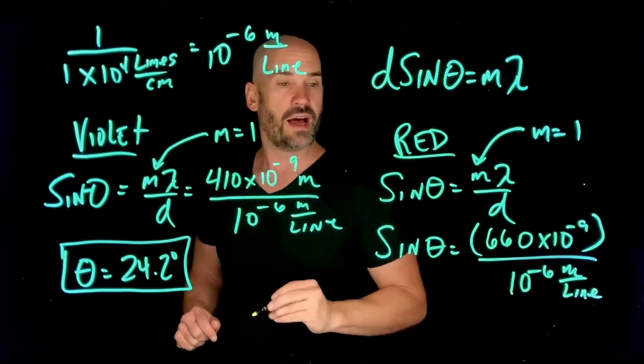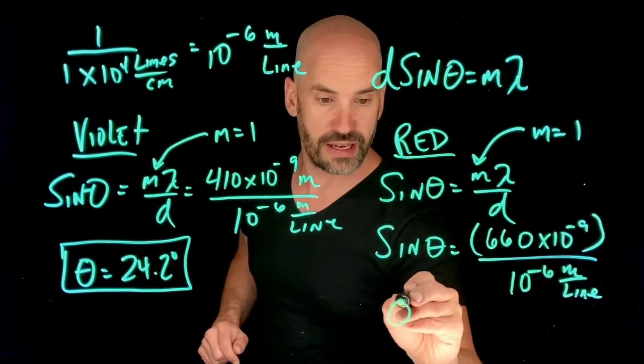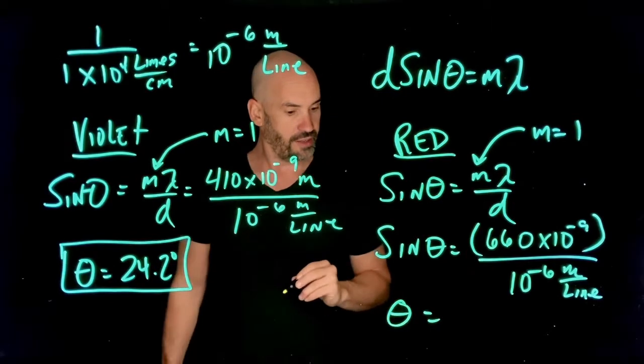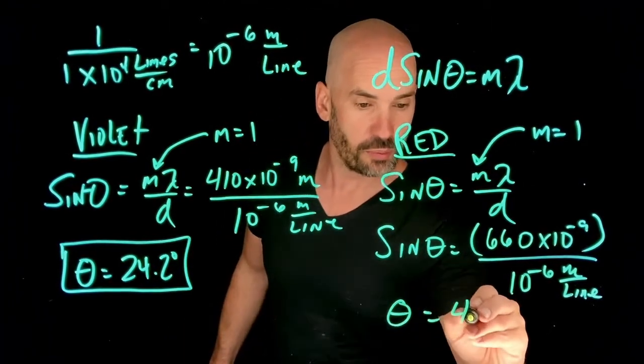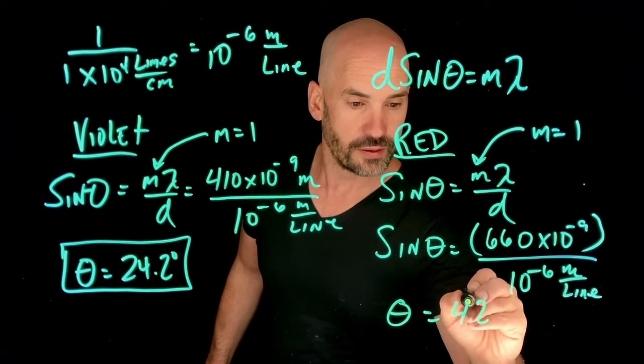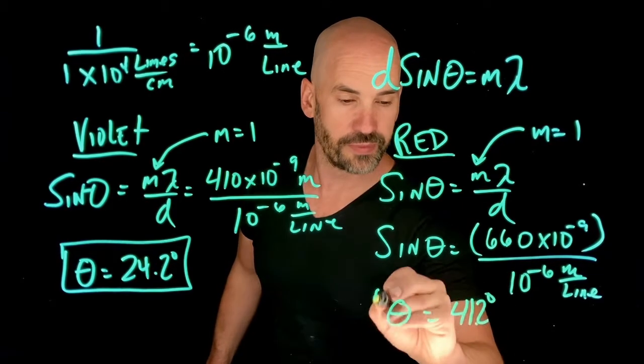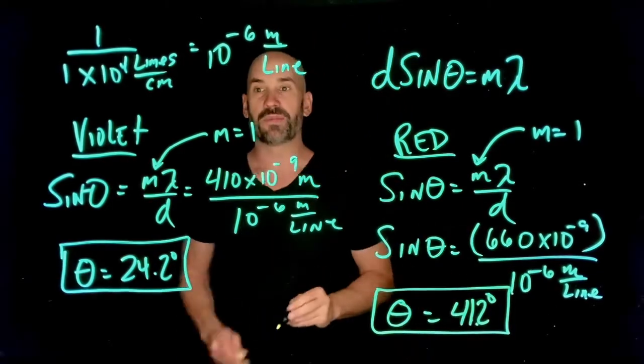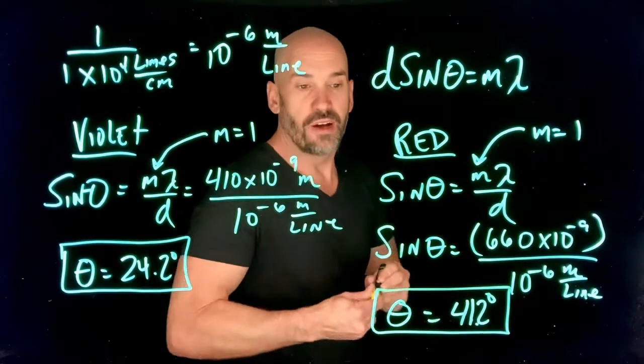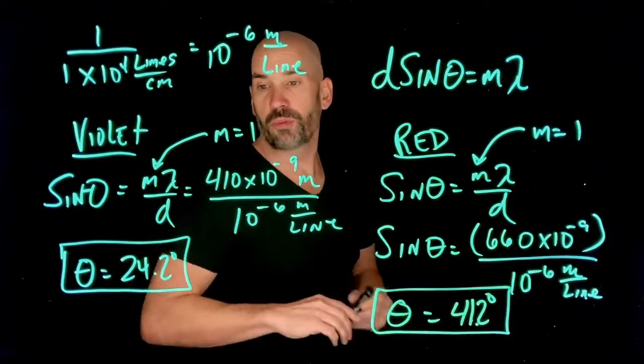Then I do my inverse sine and get a theta of 41.2 degrees. And here we have it, proof positive: 41.2 degrees versus 24.2.